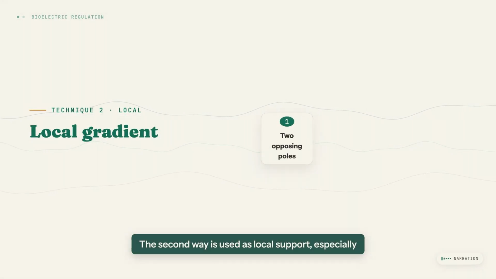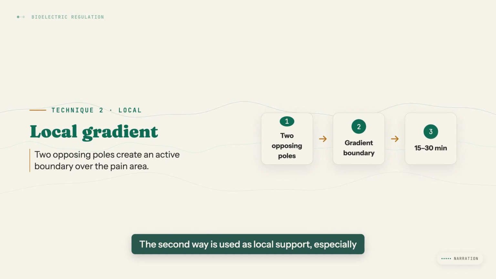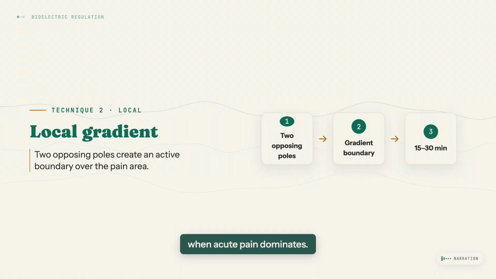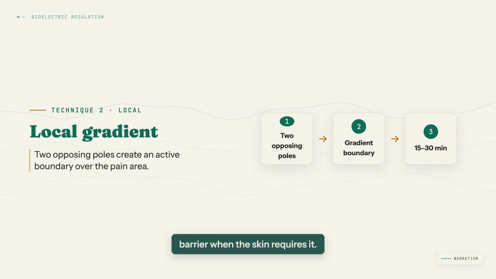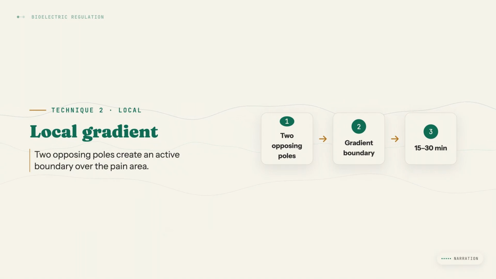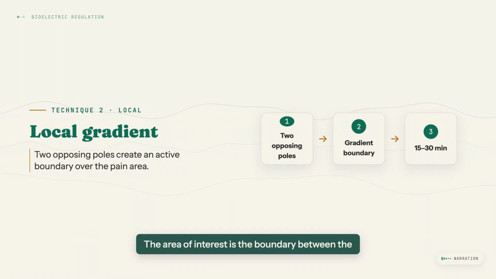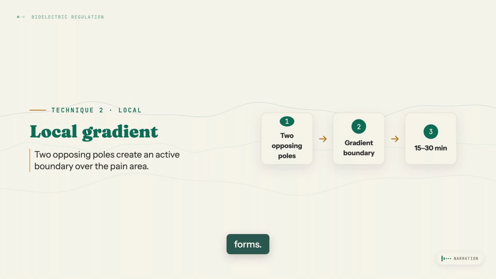The second way is used as local support, especially when acute pain dominates. Two opposing adjacent poles are placed over the region of greatest pain, always with an adequate barrier when the skin requires it. The area of interest is the boundary between the two poles, because that is where the steepest gradient forms.